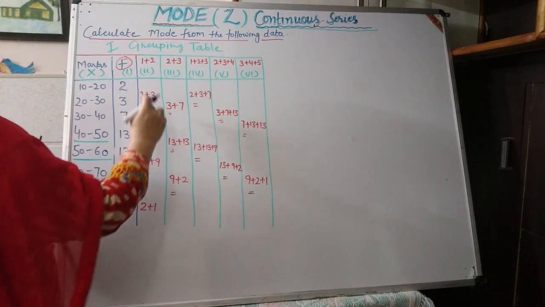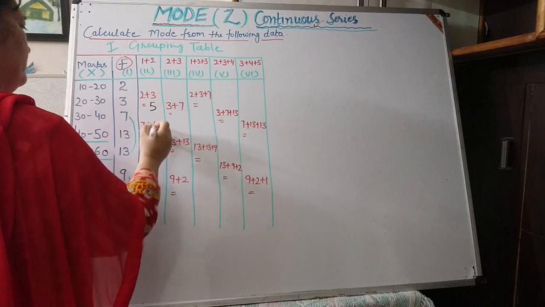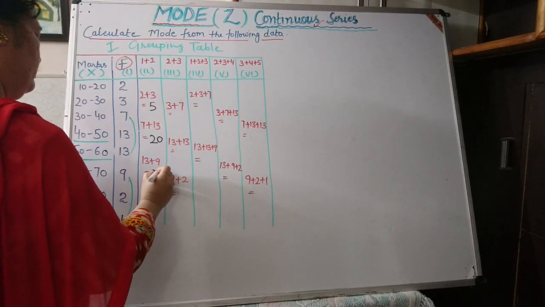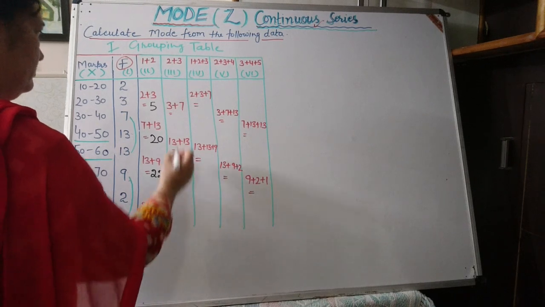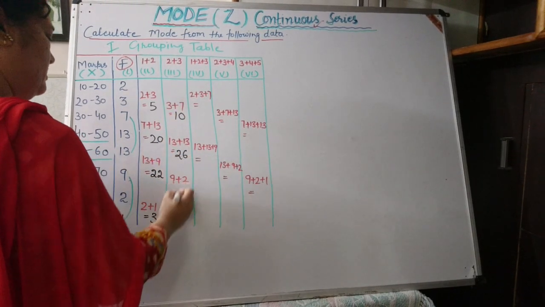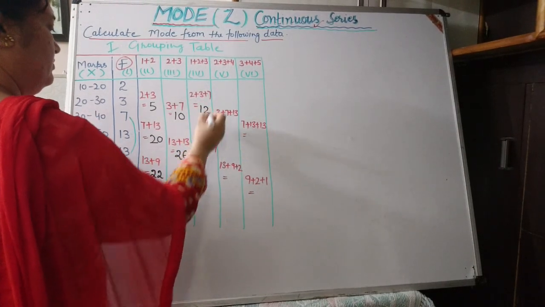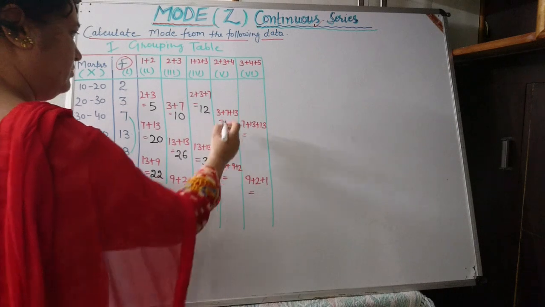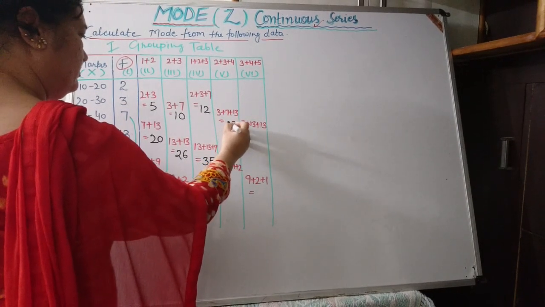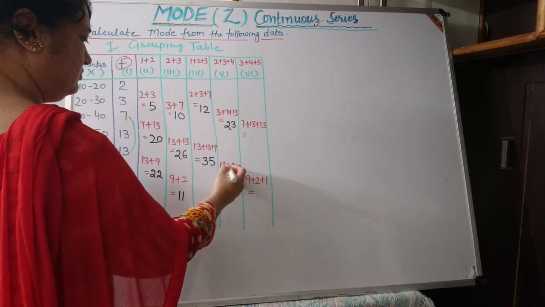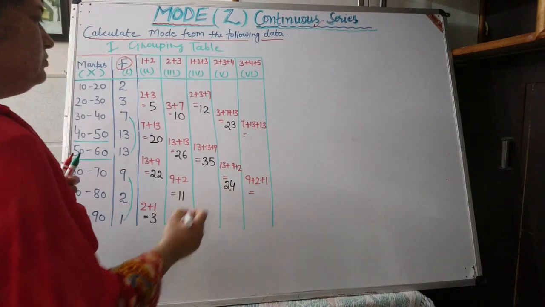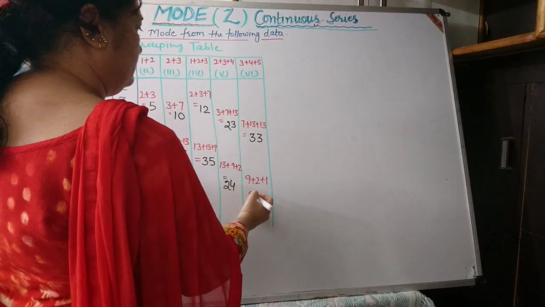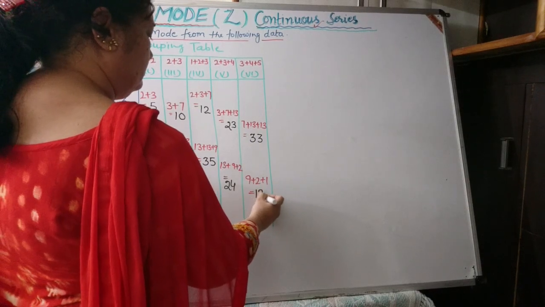Now let us sum up all the values. 2 plus 3 is 5, 20, 13 plus 9 is 22, 3, 10, 26, 11, 12, 35, then 23, here 24, 33, 12.